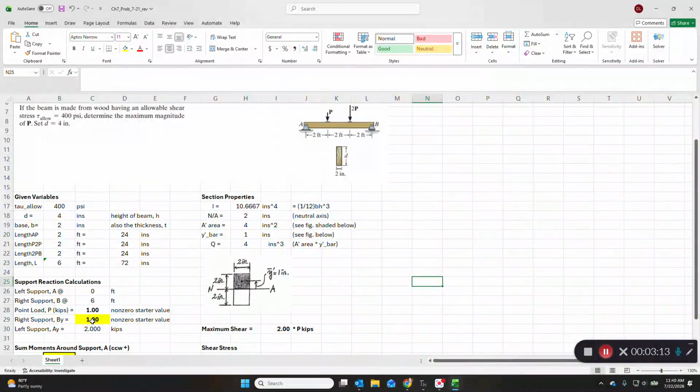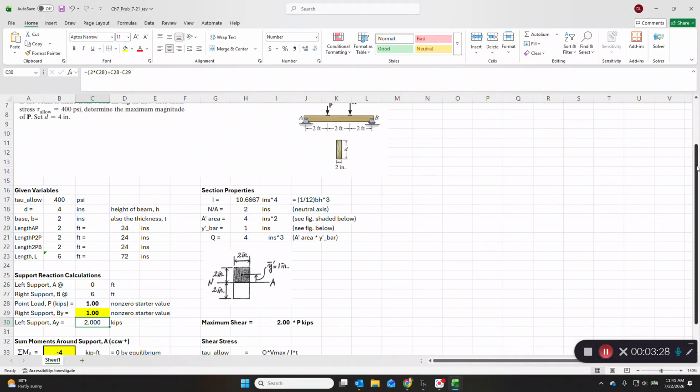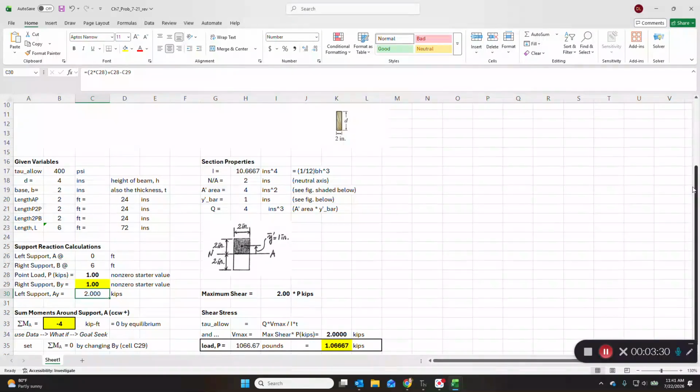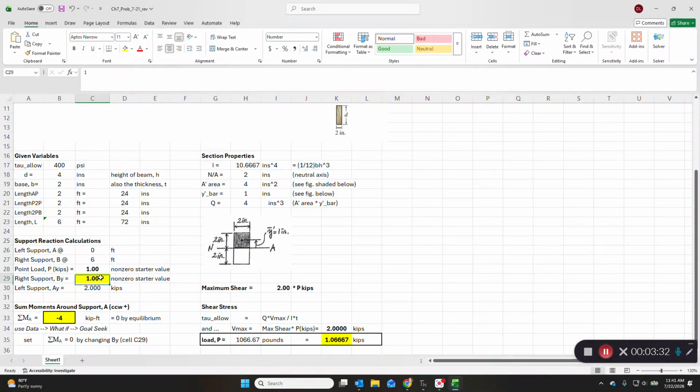It depends on what our random value is here, right? So we're calling our point load 1, we're calling our right support 1 arbitrarily, and then our left support based on that would have to be 2, okay? So let's move on here. For example, if we changed our right support to 2, our left support would be 1, right, for equilibrium. So we're leaving it at 1.